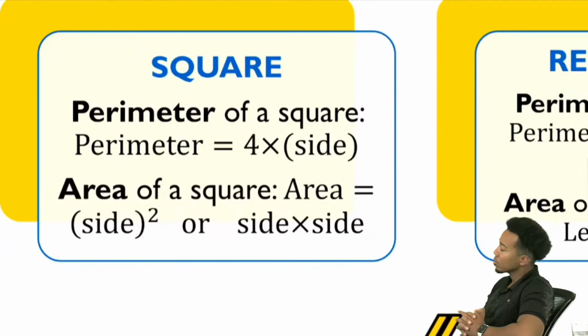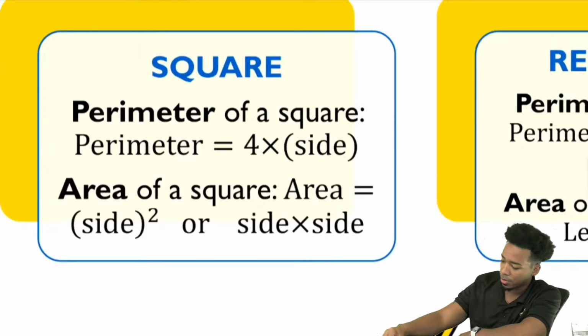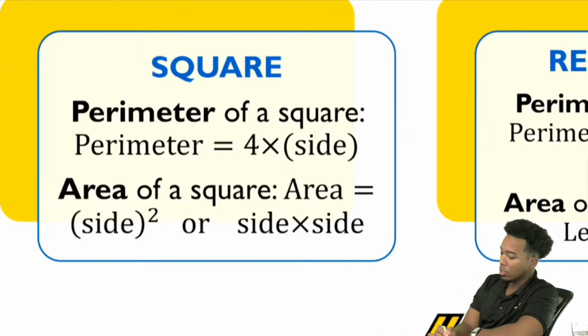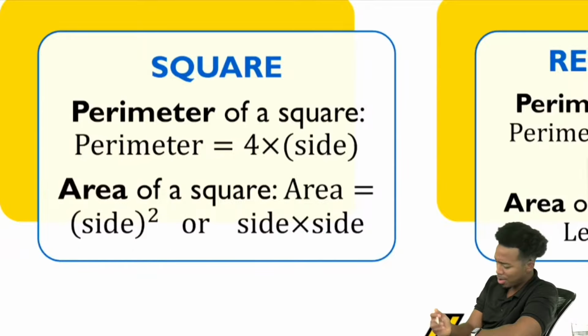So perimeter, that says that the perimeter of a square is 4 times the side. Okay. I'm going to use a highlighter here to highlight what we're talking about. So the perimeter of a square, again, 4 times the side. If we're talking about the area of a square, it says we're doing side times side, which again, everybody, want to make sure we know this.